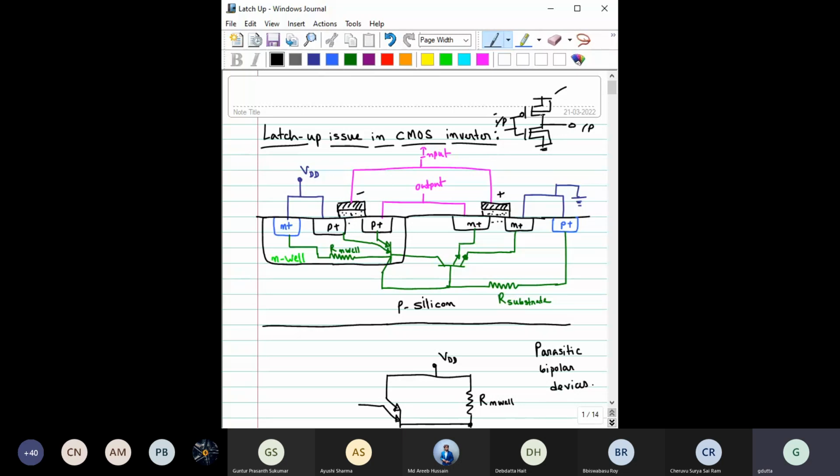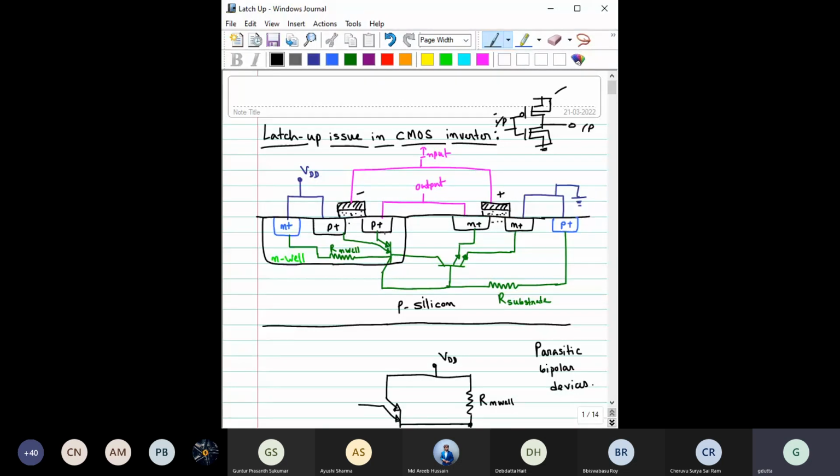These two are output, outputs are connected, right? Okay. Then this body is connected with VDD, so as this terminal. Similarly, this body is connected with this terminal, and it has been shorted, means it has been grounded, right? Okay. So if the structure is like this, then let us see what is happening inside.